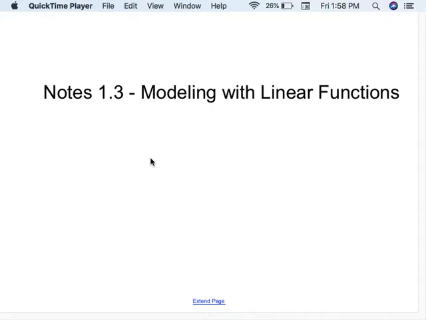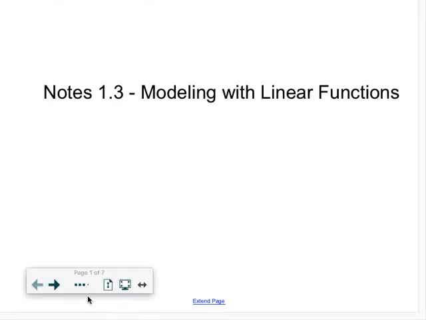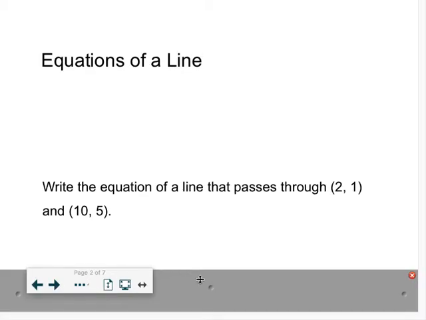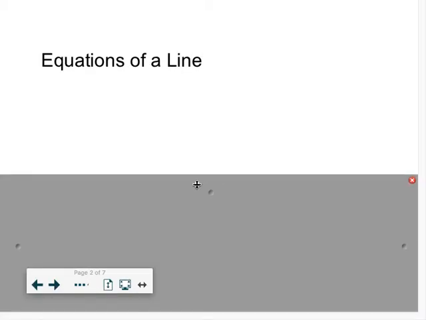Are you familiar with any equations of lines? Does anybody know any equations of lines? What's an equation of a line? Annie? Sure, that's probably everybody's favorite equation of a line. We're going to do that example here in a minute. So this is called slope-intercept form.